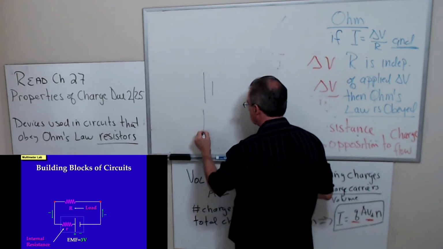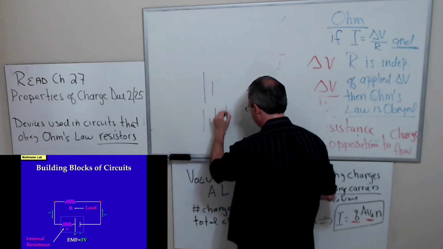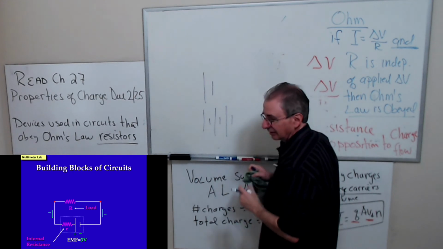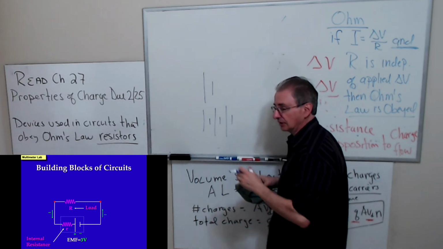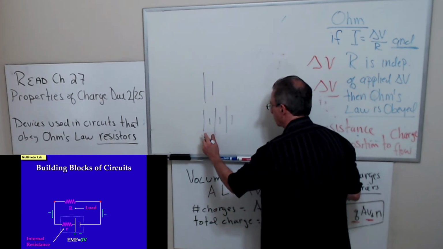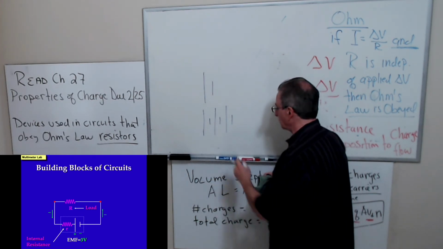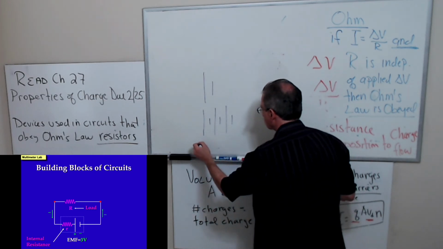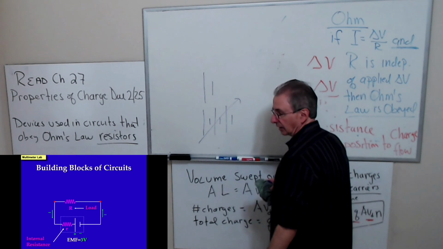A lot of times what people will do is write something like this. But physicists are not always careful in drawing their power supplies. Electricians and electrical engineers are much more careful. They have to be much more precise in drawing these. These are multiple cells. Or sometimes if you do this, that means a power supply.